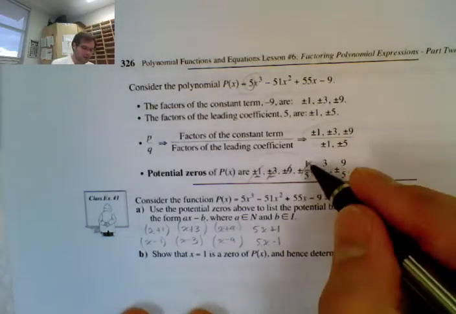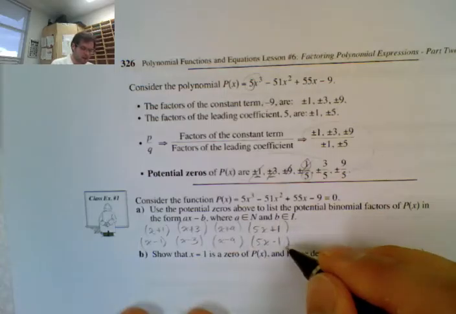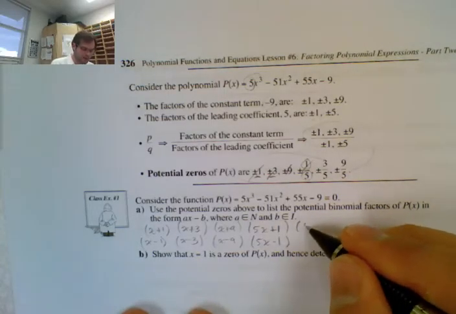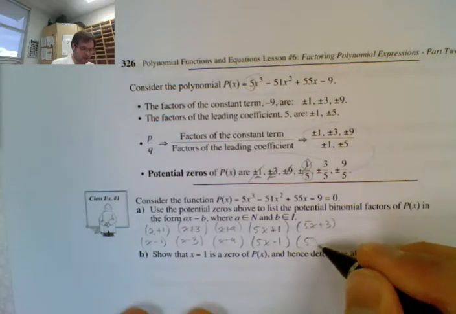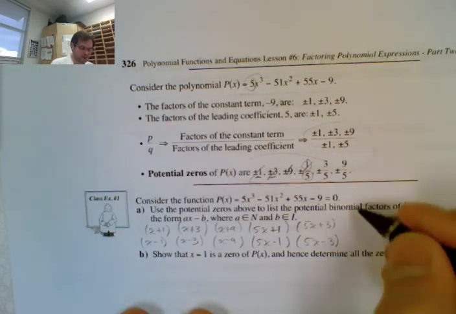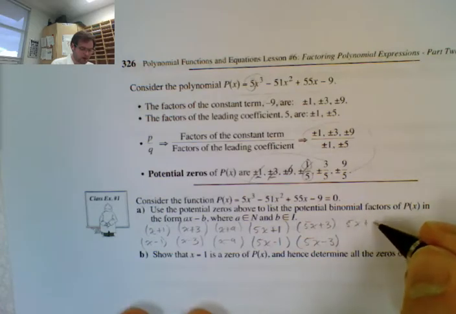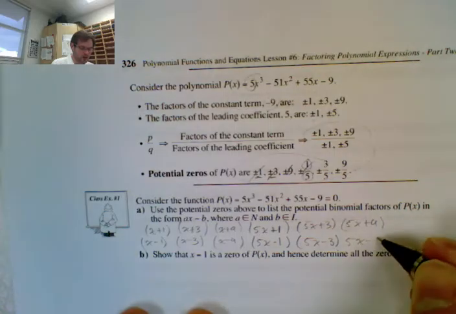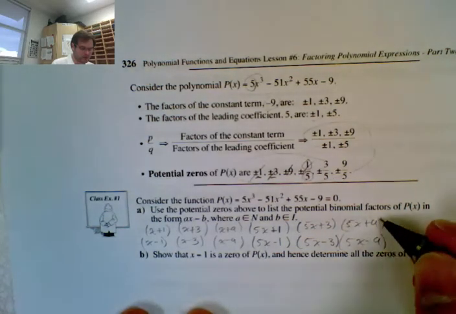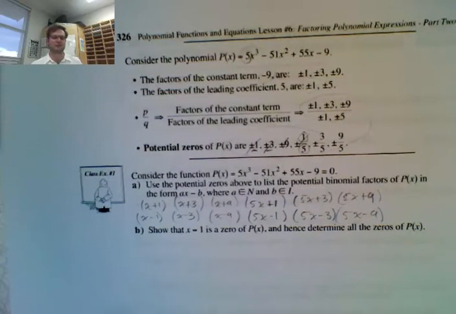Because this is my constant, that's my coefficient. Then we're going to have 5x plus 3 and 5x subtract 3. And then last we're going to have 5x plus 9 as a possibility and 5x subtract 9 as my last possibility. So these are all of my possible factors.